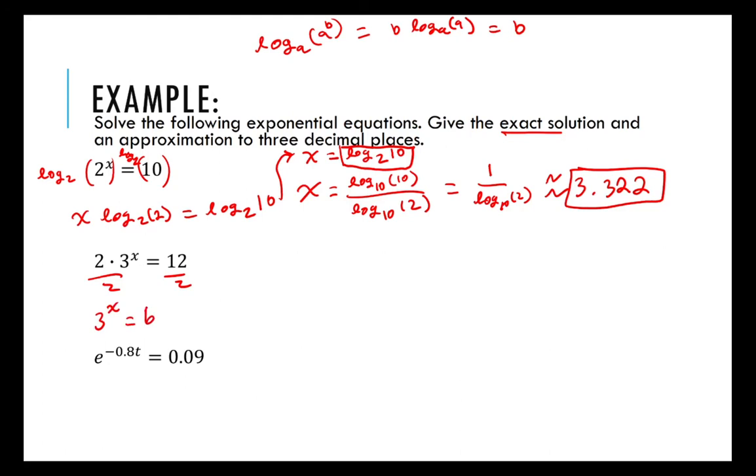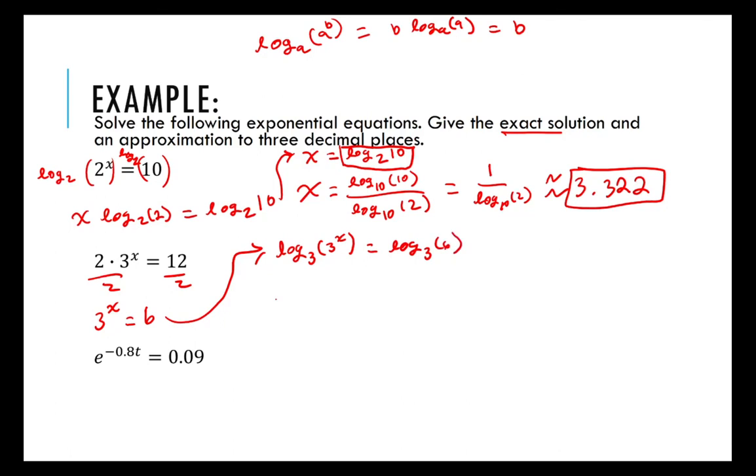Well, it would be nice if I could write 6 as 3 to some power, but that's not true. And so then I need to take log base 3 of both sides. So log base 3 of 3 to the x is equal to log base 3 of 6.